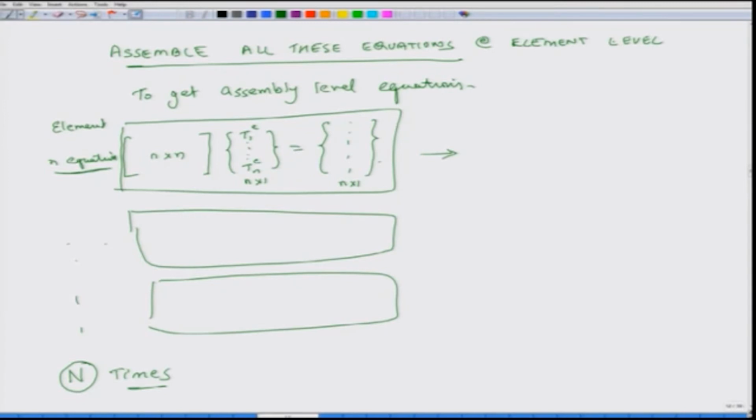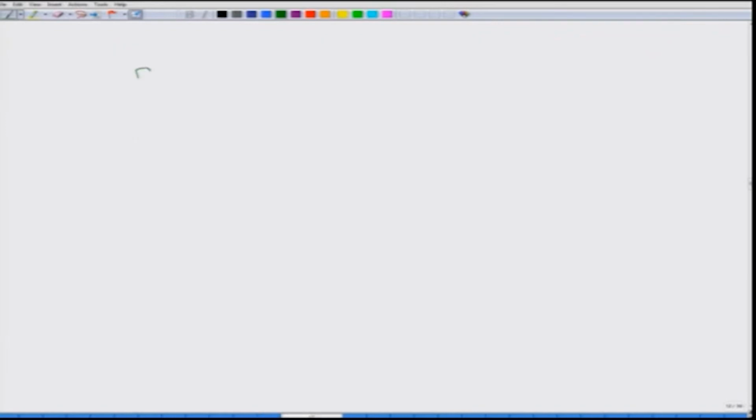So you will write all these element level equations big N different times, and then using some principles of mathematics, we will figure out how to assemble those equations, and finally when you assemble these equations, you will get one big matrix of this form.